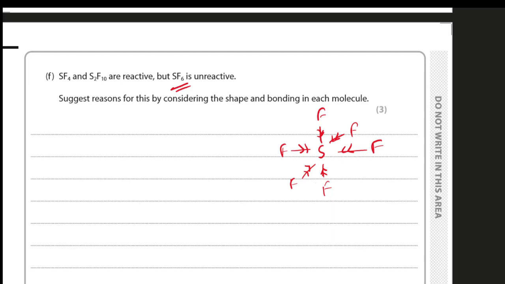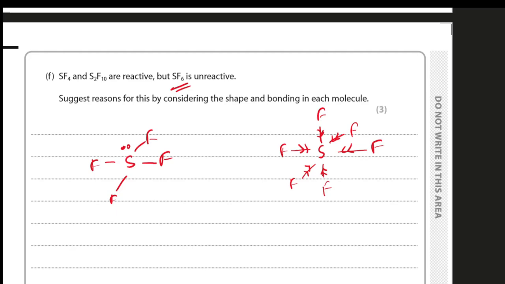Meanwhile, if you check out the other ones, for example SF4 down there, what do you know about SF4? That we do have a lone pair of electrons present on the sulfur atom, considering there is an empty orbital, since there are no two bonds present.